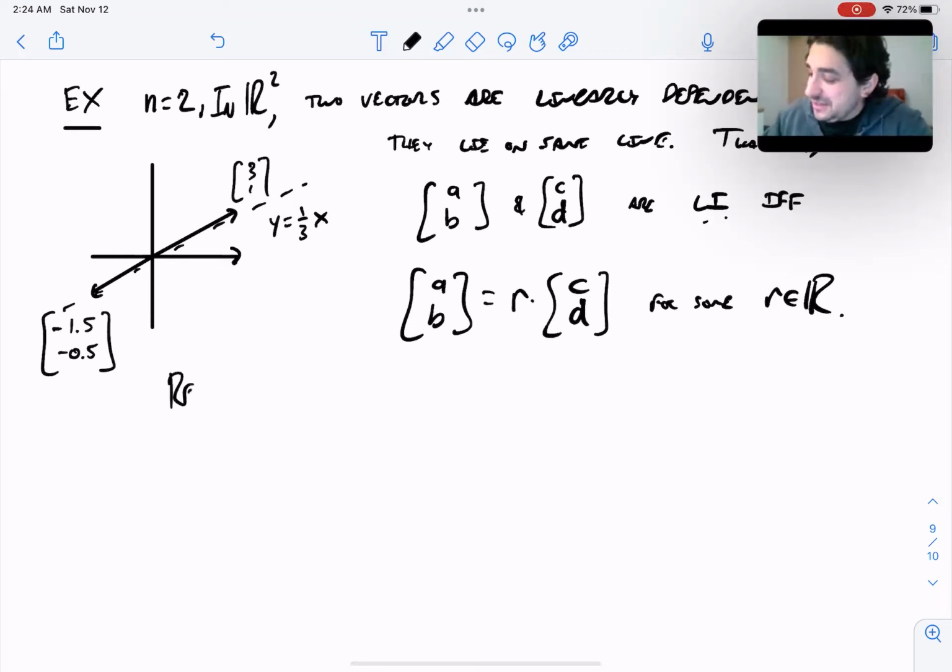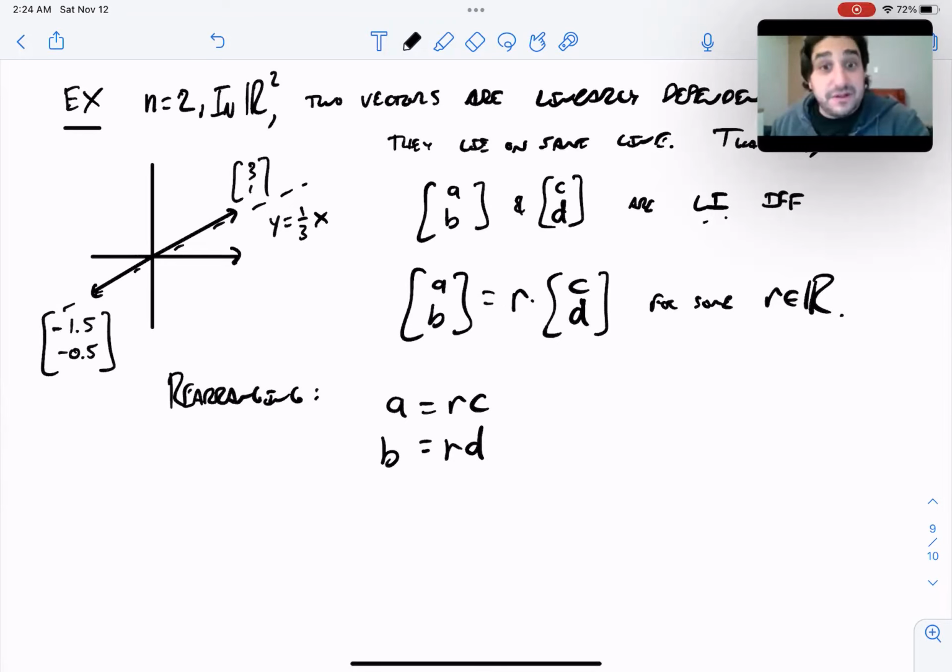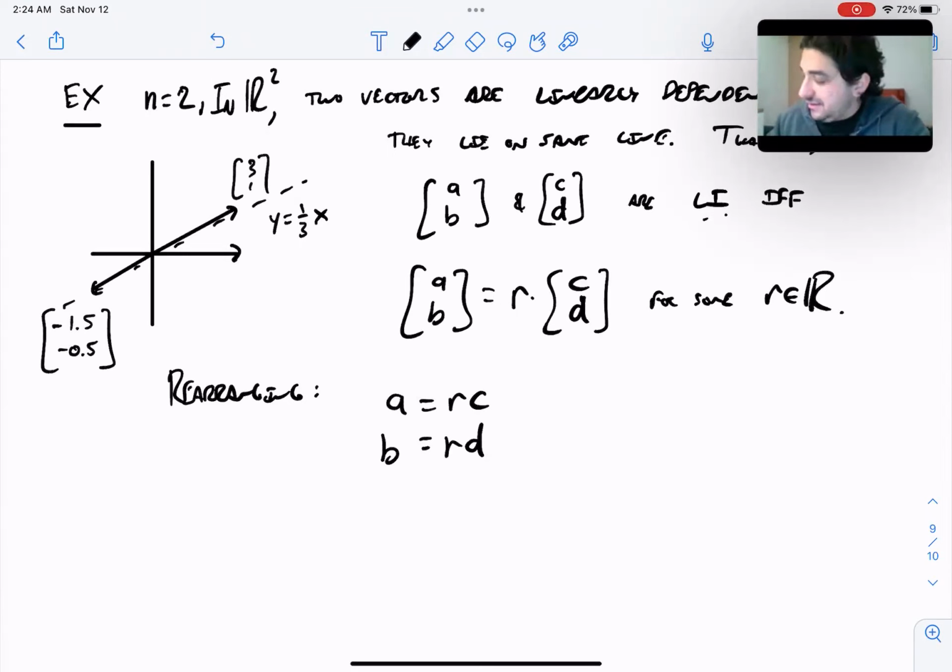Well, let's rearrange a little bit. I would have that A would have to equal RC, and B would have to equal RD. Those would have to be equal quantities, right? So if I then took these and divided the equations, I'd get A over B equals RC over RD.